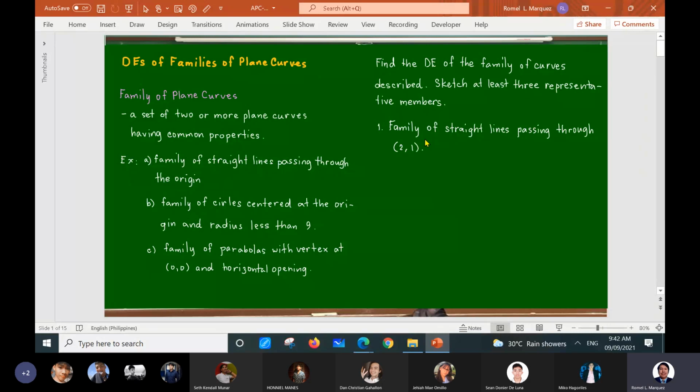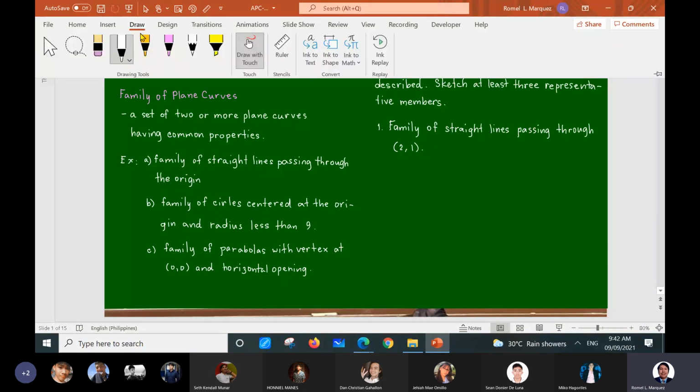So this is the family described, no? So let us illustrate this family by sketching at least three representative members.